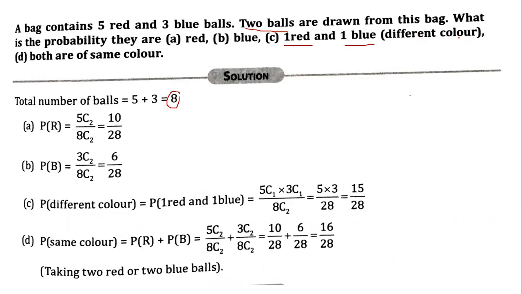When both are different color balls, what is my favorable event? Out of 5 red balls, I will pick one. That is, the one red ball is the favorable event, and out of 3 blue balls, I am picking one ball of blue, that is the favorable event.